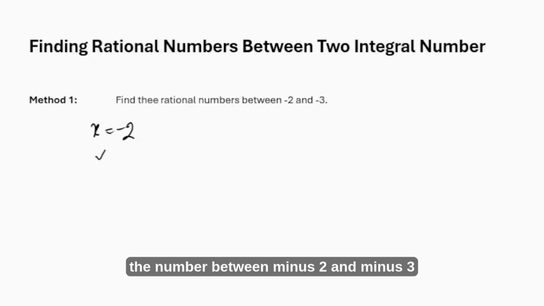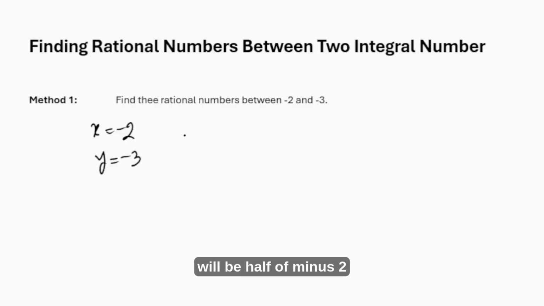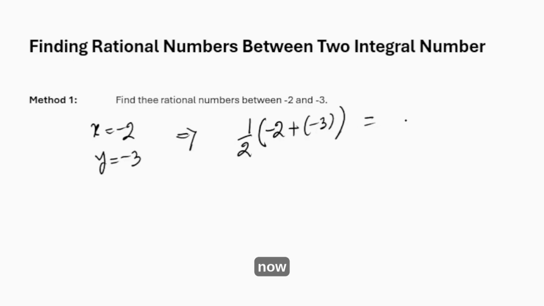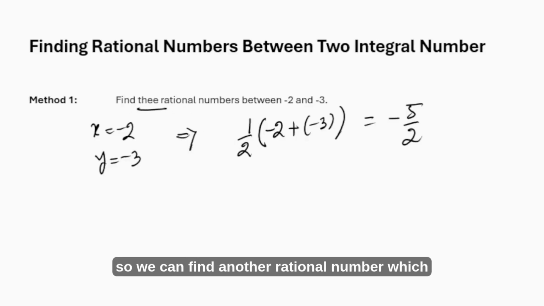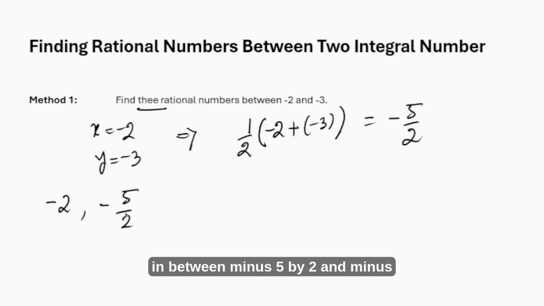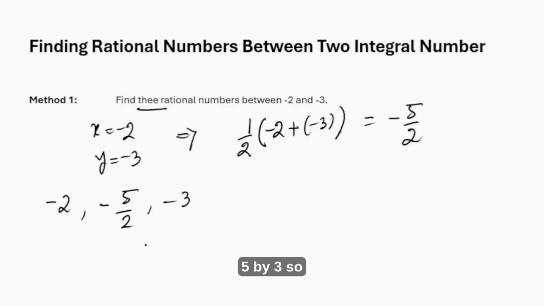The number between -2 and -3 will be half of -2 plus -3, so it will give me -5/2. Now, instead of 1, we need to find 3 rational numbers. So we can find another rational number which is in between -2 and -5/2, and also another rational number in between -5/2 and -3.